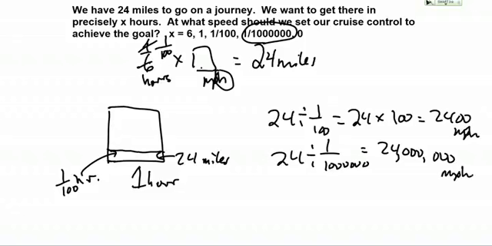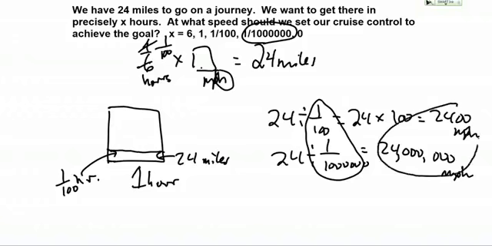Once again, what we're seeing is that if the amount of time you want to cover the 24 miles in goes down, you have to go at a faster and faster and faster speed. And if you want to get there in no time at all, you're going to have to go faster basically than warp speed to go the 24 miles. And in fact, as we saw before, there is no real number that fits into that box. If it's going to be anything, it's going to be a very, very, very large number, at least going by the pattern that we've adjusted.